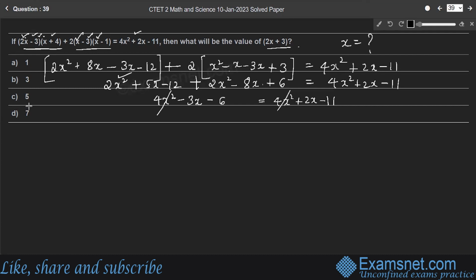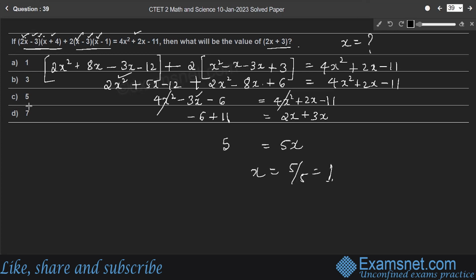So take this minus 11 to the left hand side part, it becomes minus 6 plus 11 is equal to 2x. Take this minus 3x to the right hand side, it becomes plus 3x. So we have 11 minus 6, which is 5, is equal to 5x. Therefore, value of x is 5 by 5, which is 1.